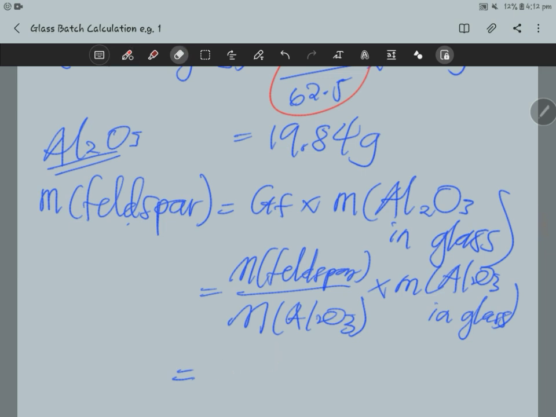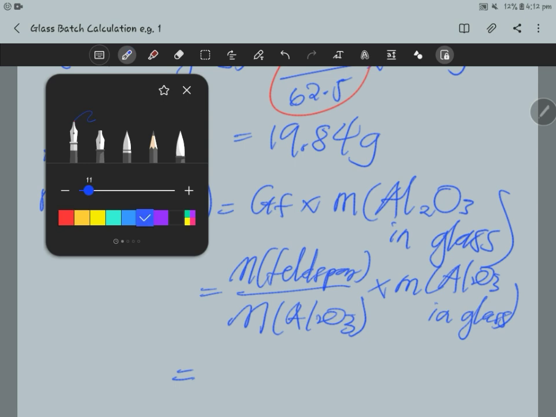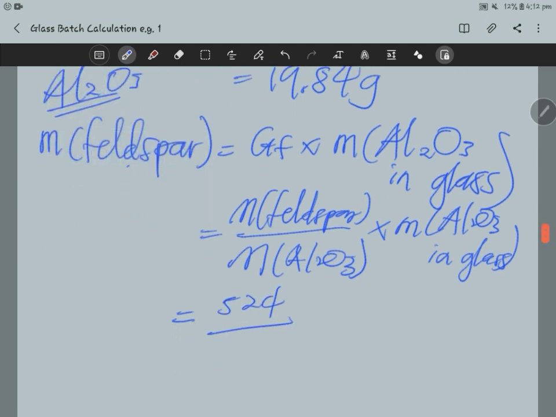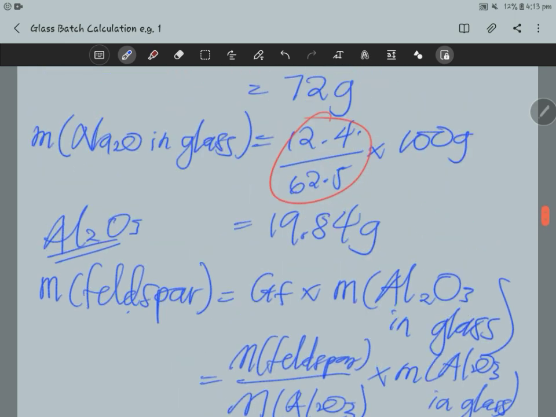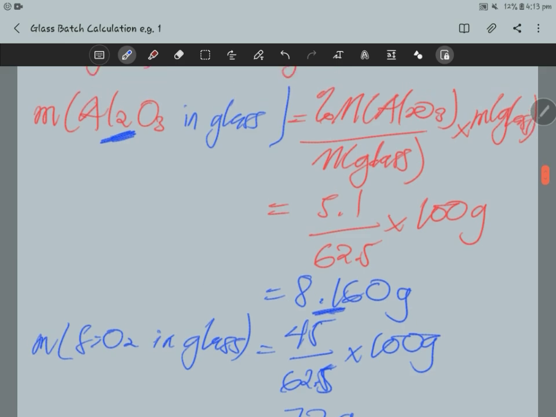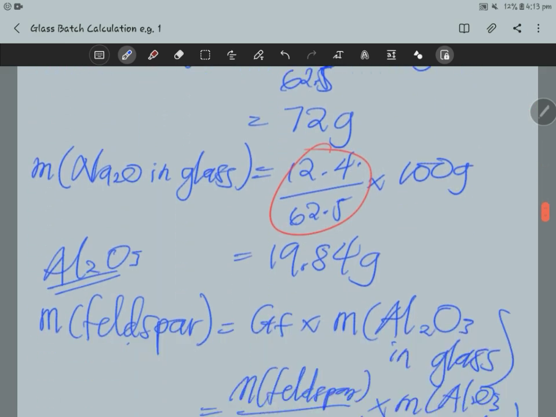Let's see. That's 524, right? A molecular mass of Al2O3. That's 2 times, that's 102, right? 102 times the mass of the Al2O3 in glass, which we had to be 8.16, right?